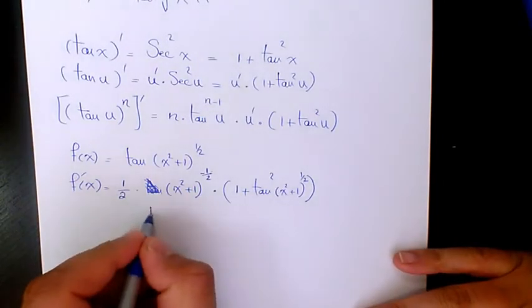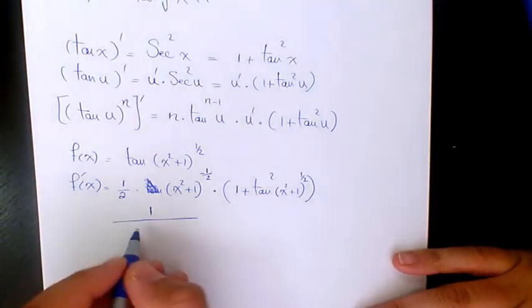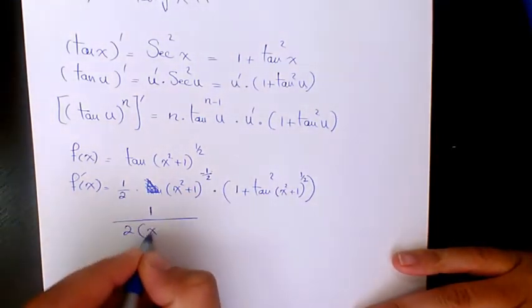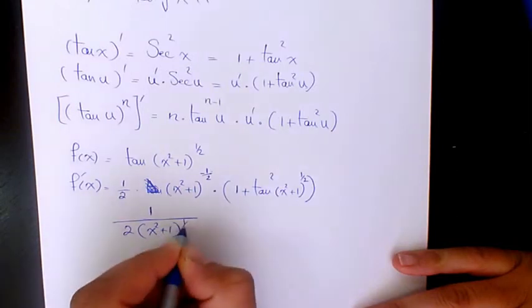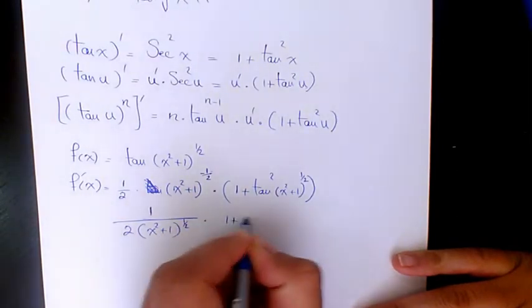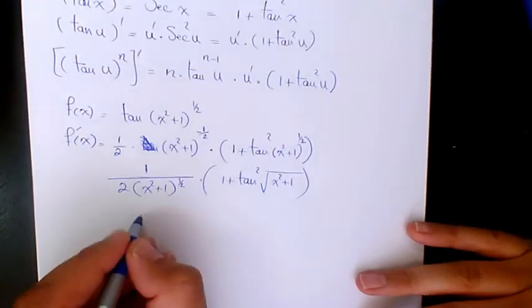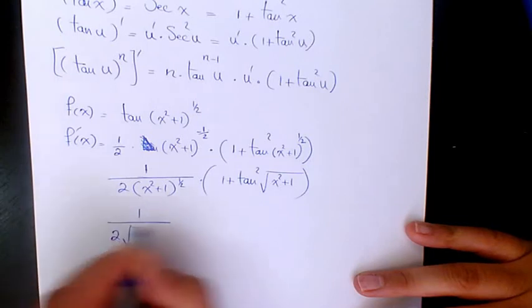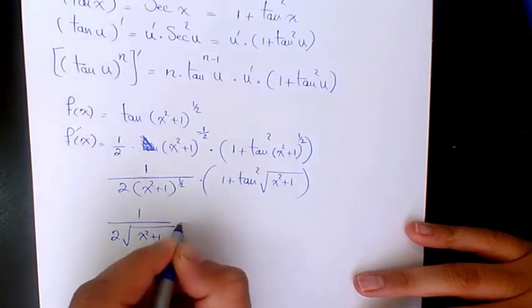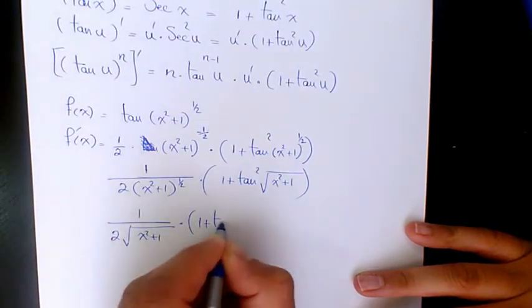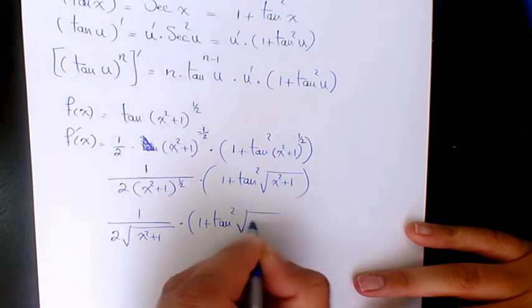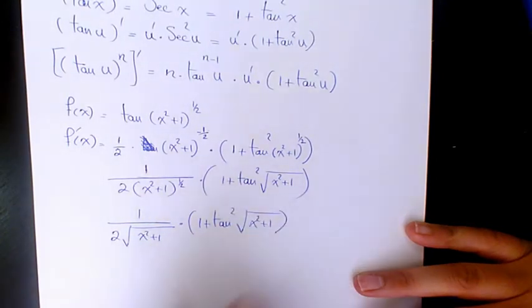Let's simplify it. It's going to be (x squared plus 1) to the power of negative 1/2 times 1 plus tan squared of the square root of x squared plus 1. Or you can say 1 over 2 root x squared plus 1, times 1 plus tan squared of the square root of x squared plus 1.